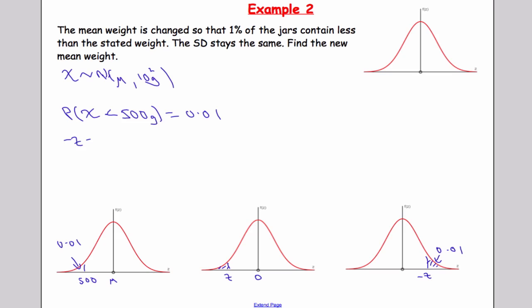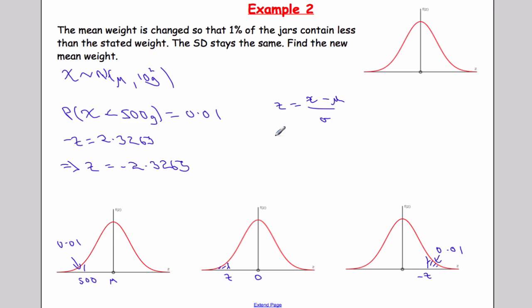So minus z equals 2.3263, which means that z equals minus 2.3263. And we know the formula: z equals, it's not the mean minus, it's the raw score x minus the mean over the standard deviation.